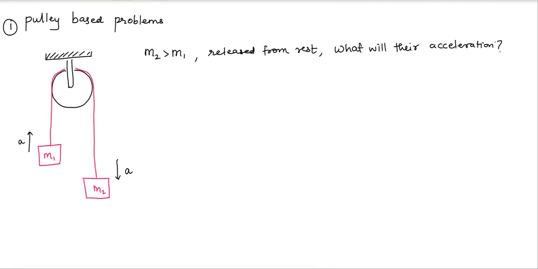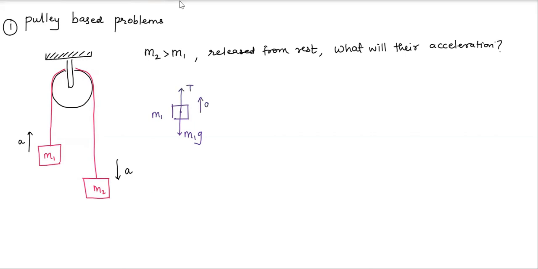For any force related problem, we always recommend you start by drawing a free body diagram. For m1, the forces acting are the downward weight, that is m1g, and the upward tension.